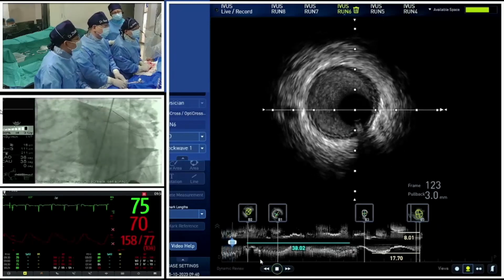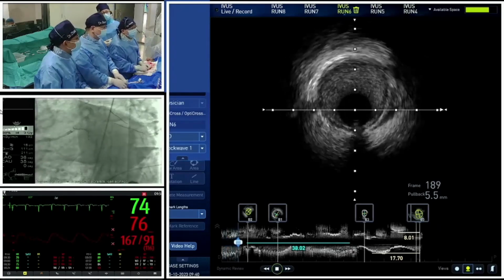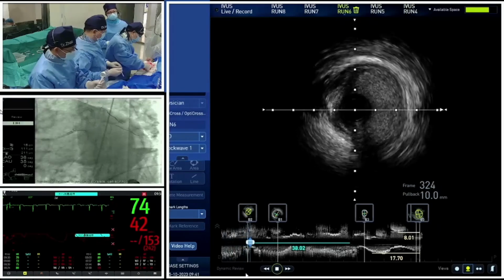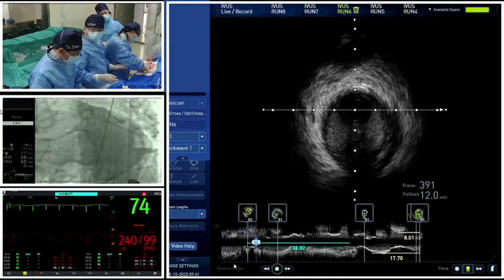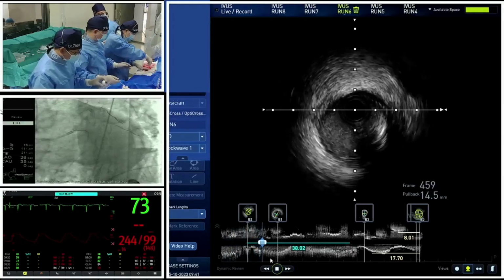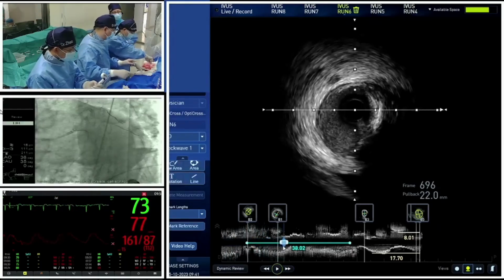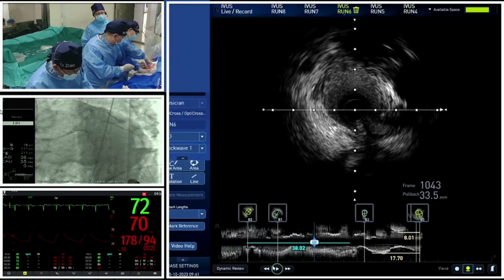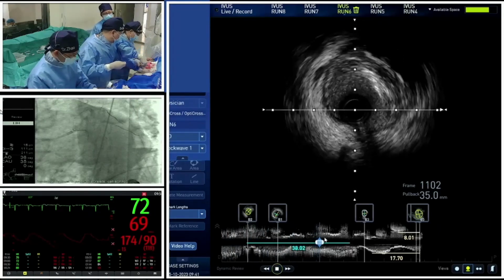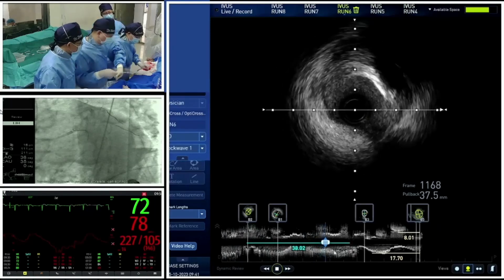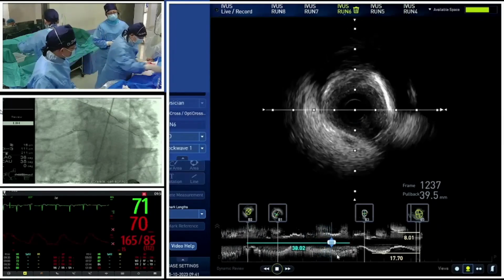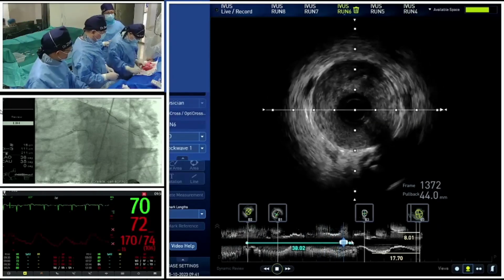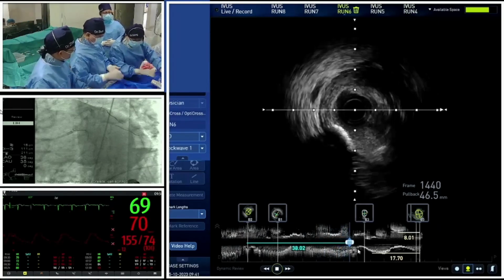This is the IVUS image after the use of the 3.0 shockwave balloon. Okay, just come to the proximal part of our LAD.